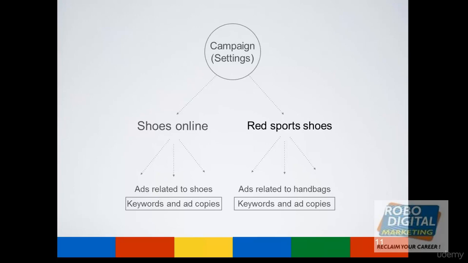Okay, so we make different ad groups. Whenever we are making ad groups, we have to keep in mind the theming of the keywords. What theming of the keywords means is that whichever keywords we put in one ad group should be very similar to each other. If we are making an ad group like buy shoes online, at least one or two words should be common across all the keyword phrases.